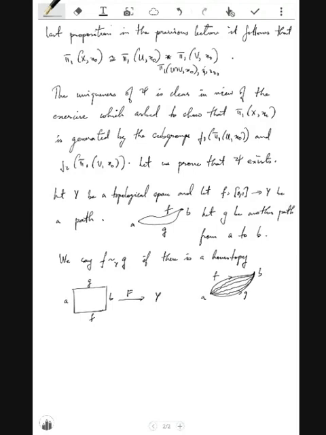As we saw before, using the same ideas, it is easily checked that homotopy is an equivalence relation on the space of paths.